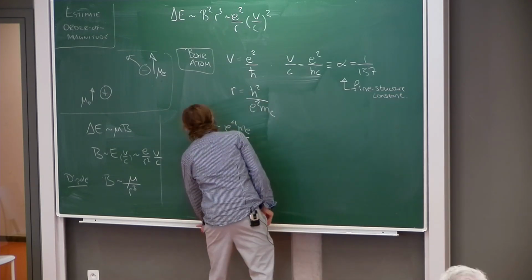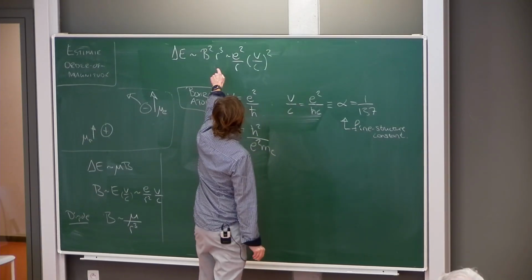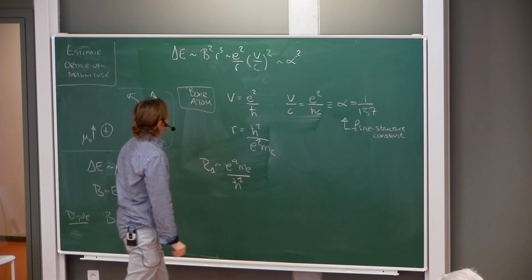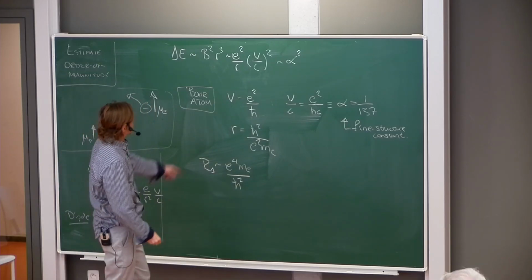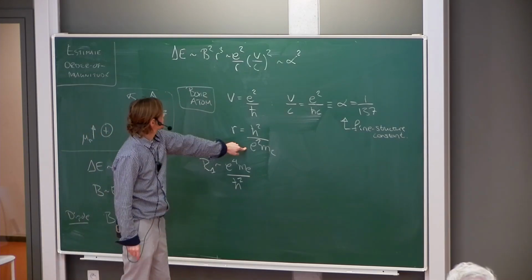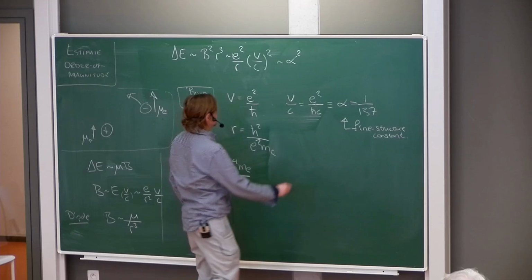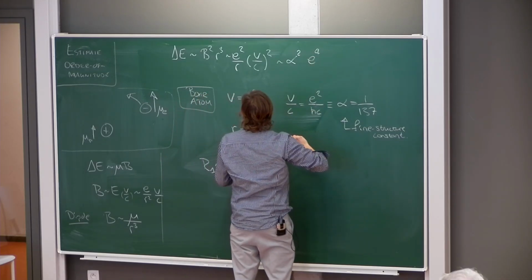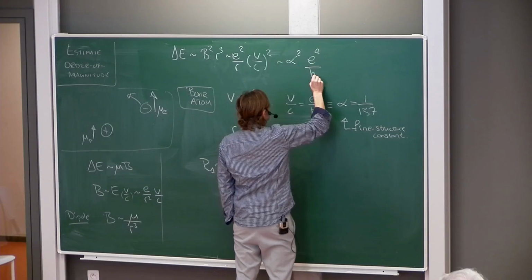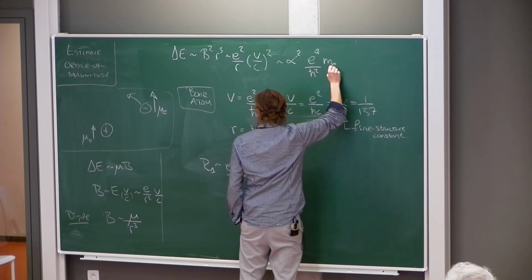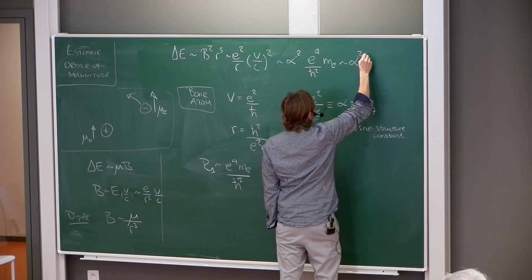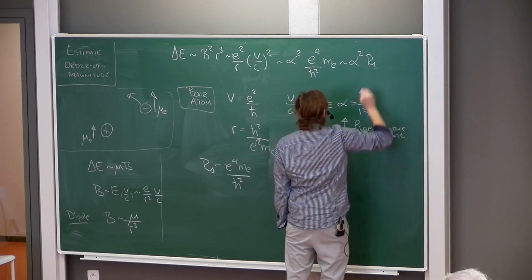So you can see that the scaling here goes with that fine structure constant squared, and then we have e squared divided by r, so we're just going to plug in the Bohr radius there. We get e to the fourth divided by h bar squared m_e, but that's just the scaling of the Rydberg energy.